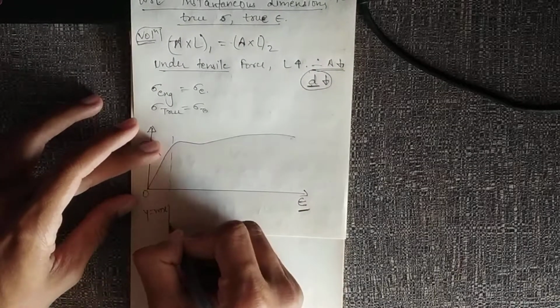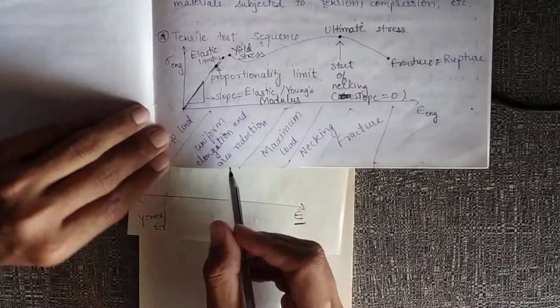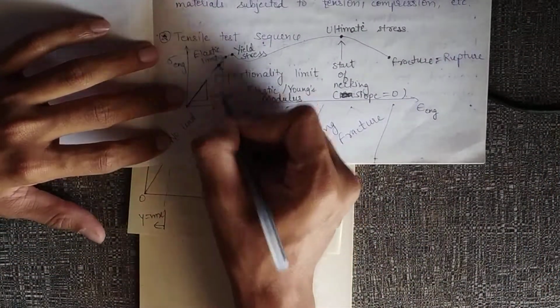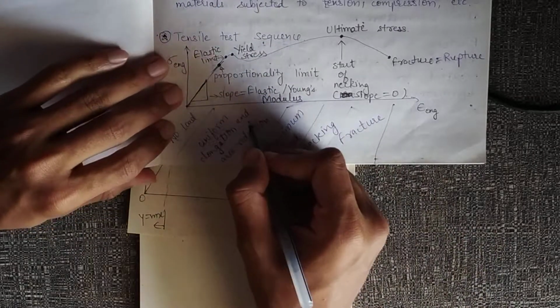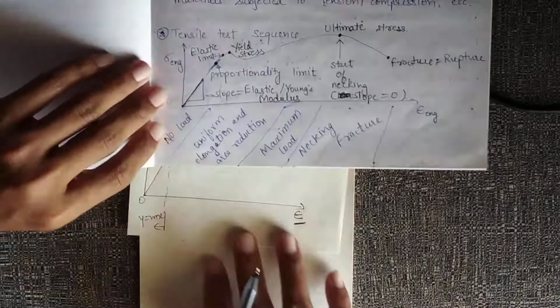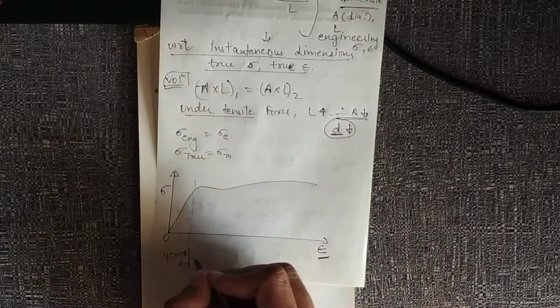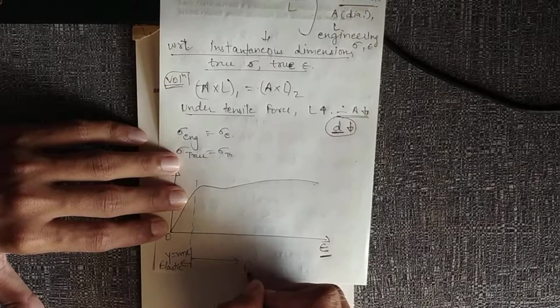So this is the elastic region. Let me show this here. Till this point there was no load before, then there was uniform elongation and area reduction. From this point till this point is the elastic region, and after it is the plastic region.